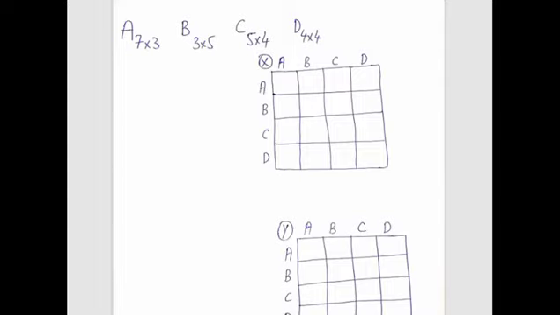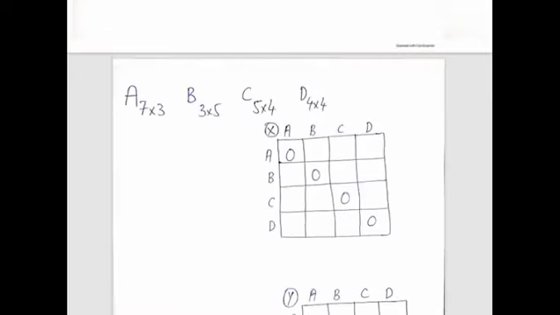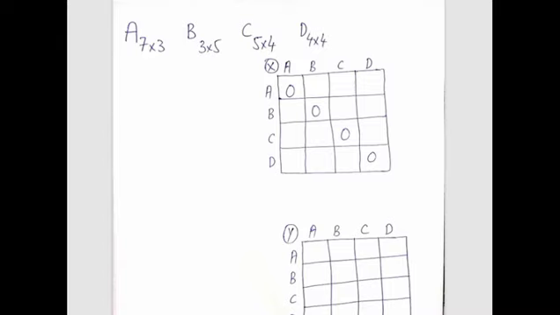Now see, the multiplications A into A, B into B, C into C and D into D will give us 0. So the diagonals here will remain 0, as the self multiplications of all the matrices will remain 0. So we will mention the diagonals here as 0, as you can see now.